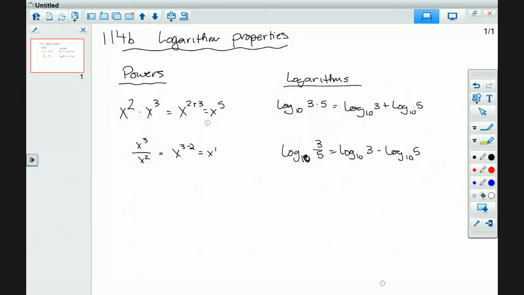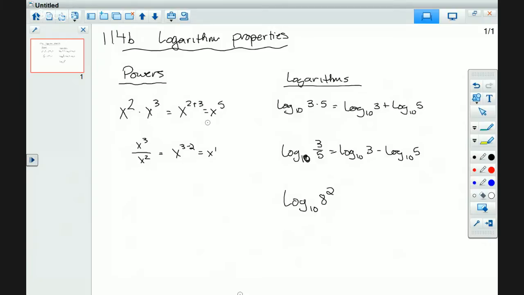There isn't really a partner to this one. This is called the power property. There is no partner in this section here.